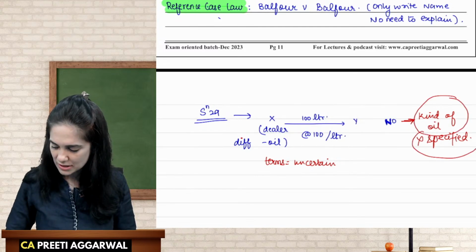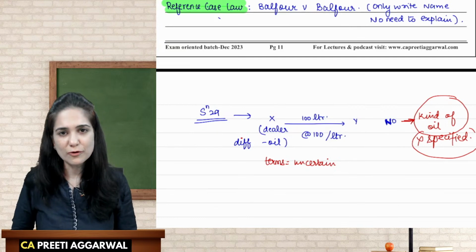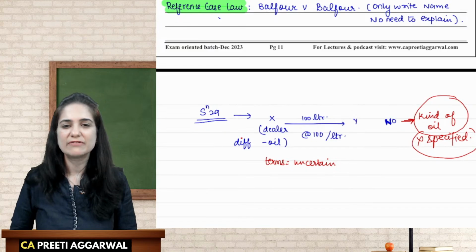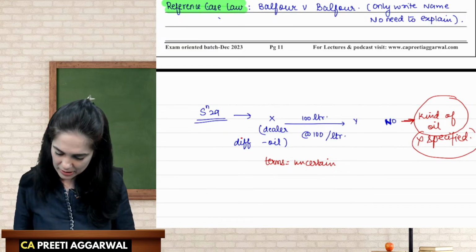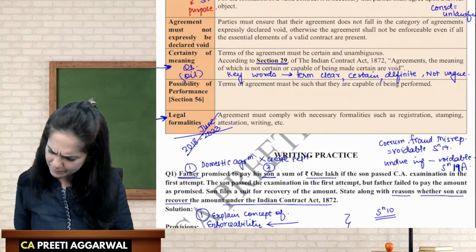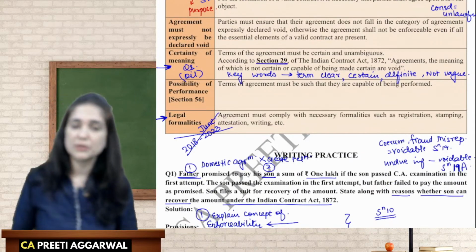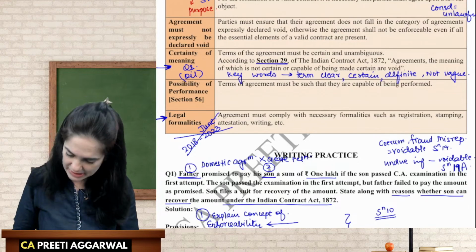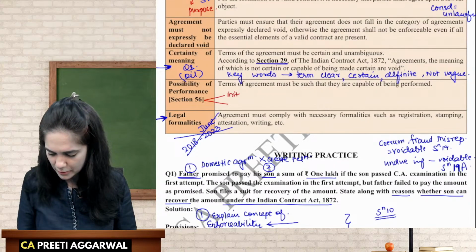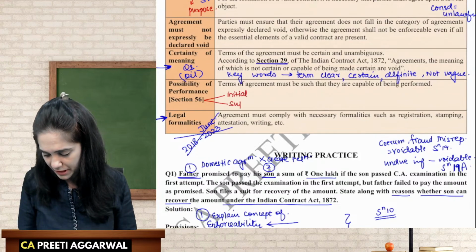Kind of oil is not specified. Therefore, it is not a valid offer. It will not create a valid contract. Now, impossibility, again we will discuss in unit 4, section 56. Impossibility may be either initial impossibility or supervening impossibility.